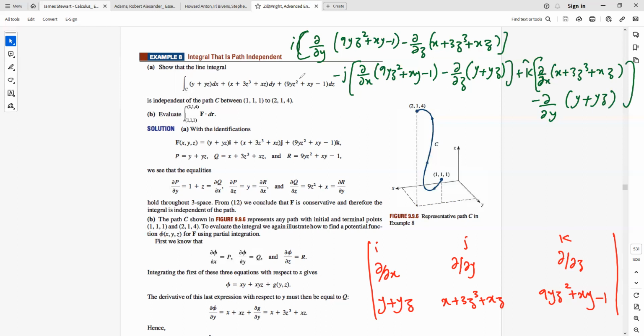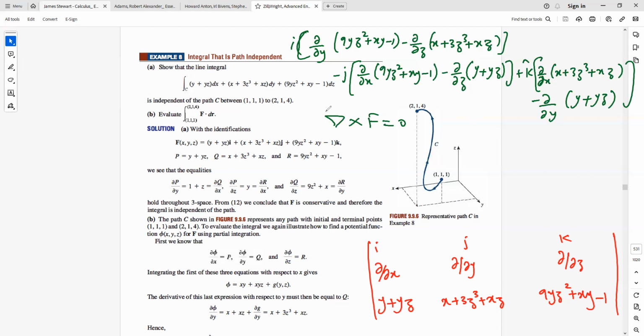Now we can compute this and see whether this goes to 0 or not. And if this is 0, then we can say that the field is conservative. Otherwise, we will conclude that the field is not conservative, right?